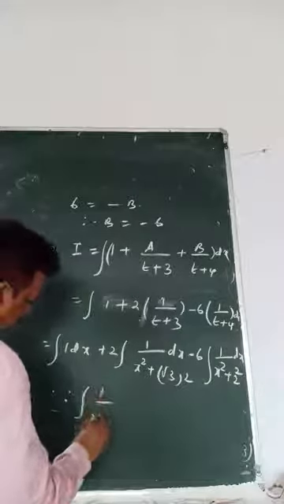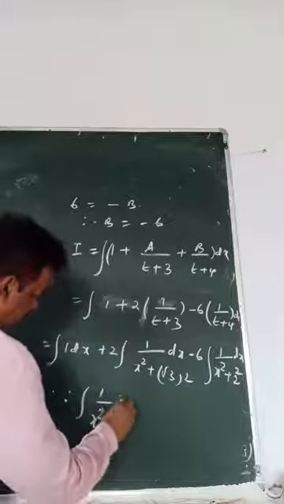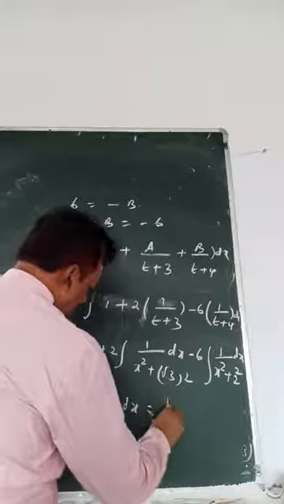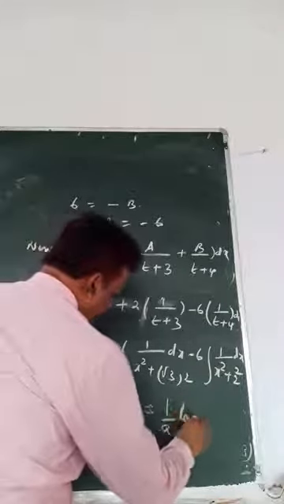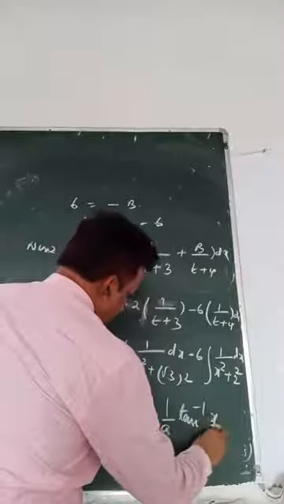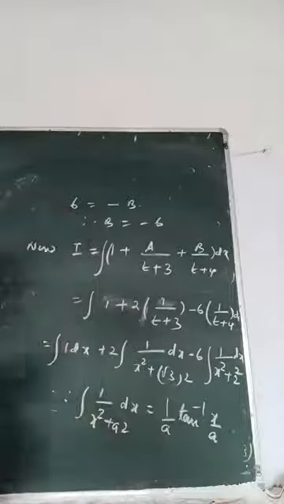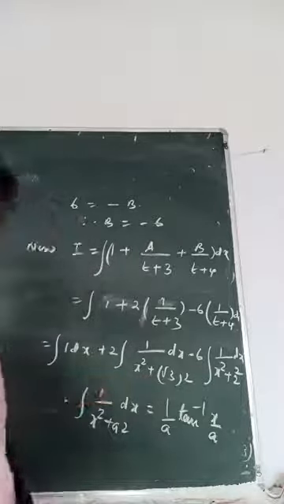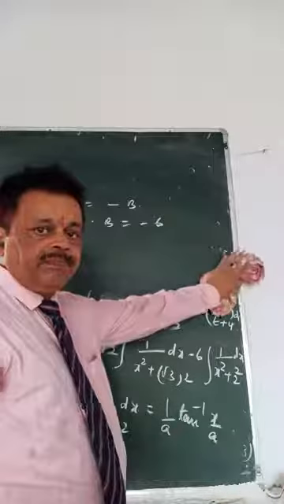So which formula? The integral of 1 by (x square plus a square) dx is 1 by a tan inverse x by a. This is the formula. Now complete it. How much will you get?